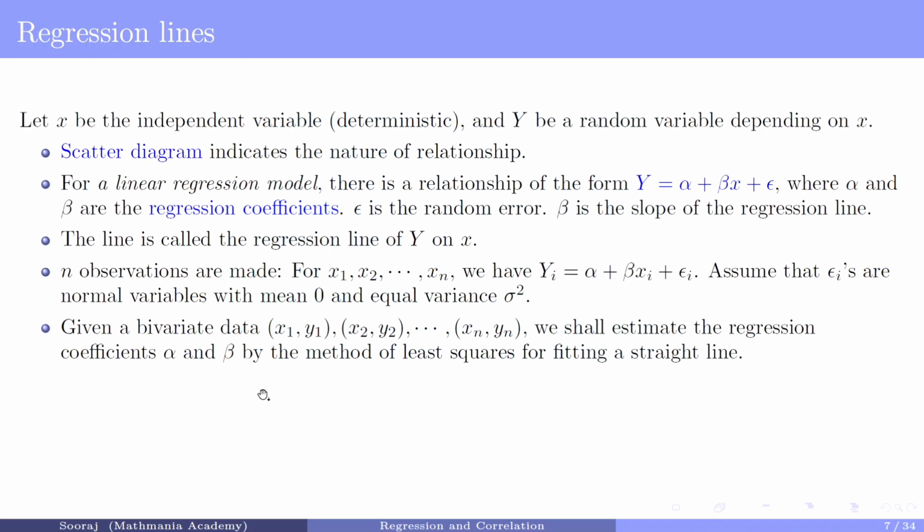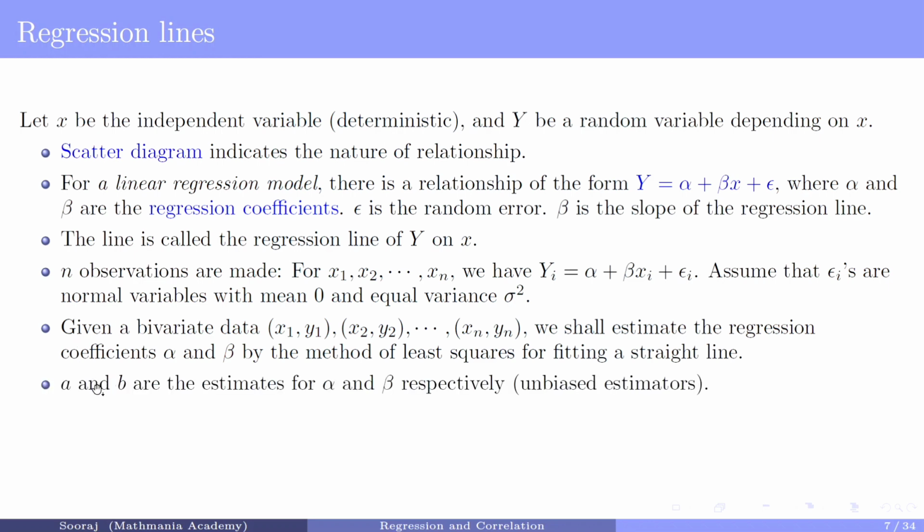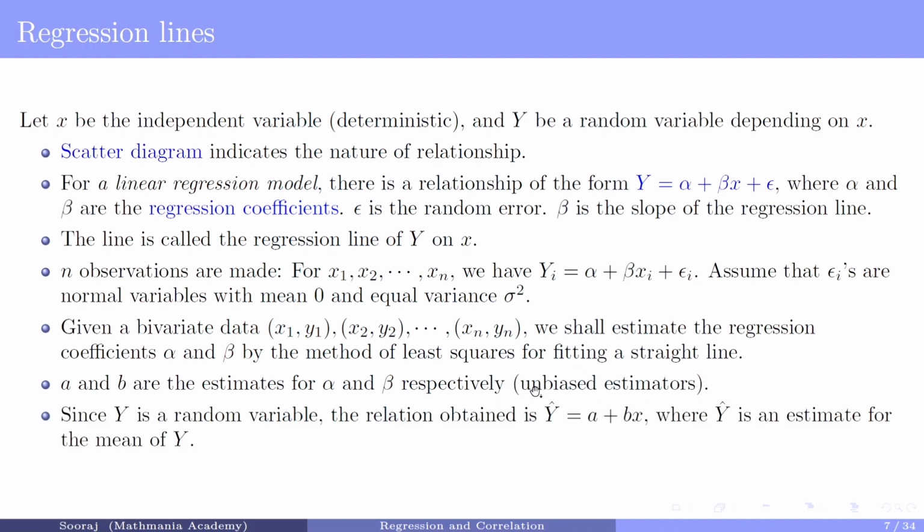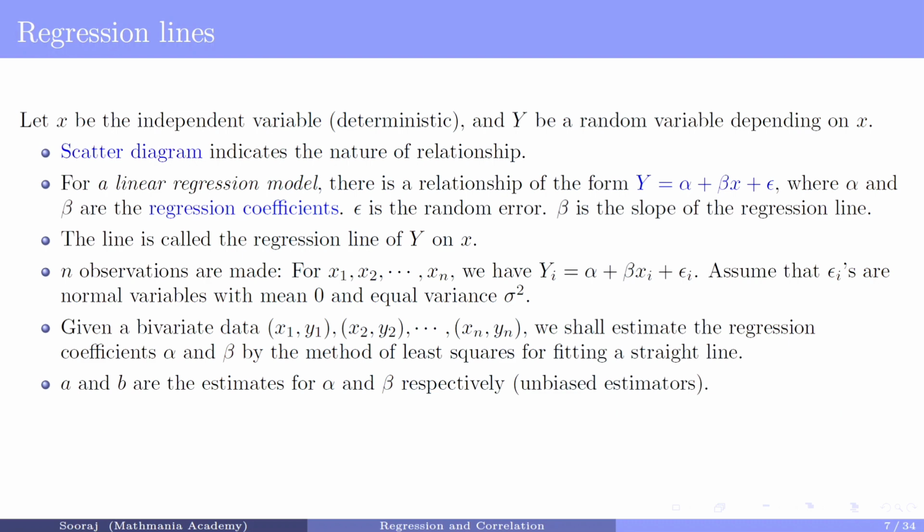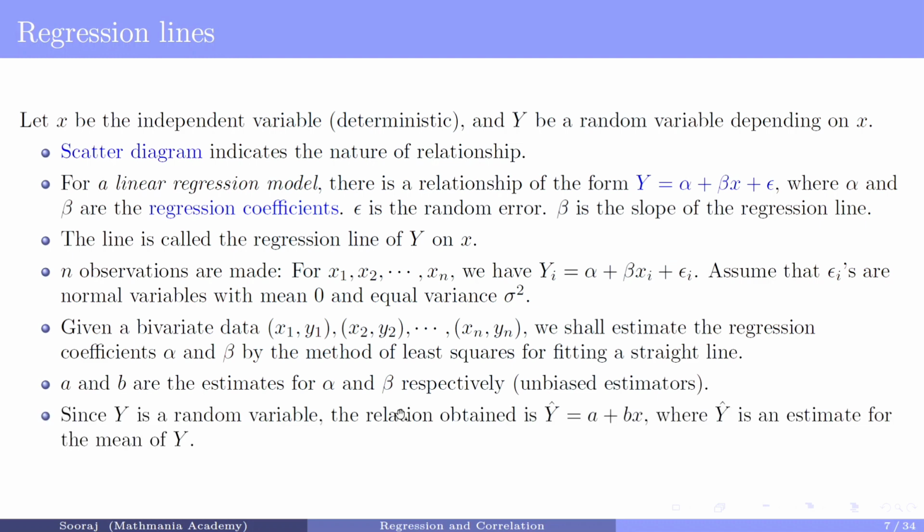Till now we were discussing these constants as a and b, now it is alpha and beta. That's the difference. In the previous case we estimated a and b. Those are the estimates for alpha and beta, and these are unbiased estimators, because we have not given any special condition to be applied on a and b, that is why they are unbiased.